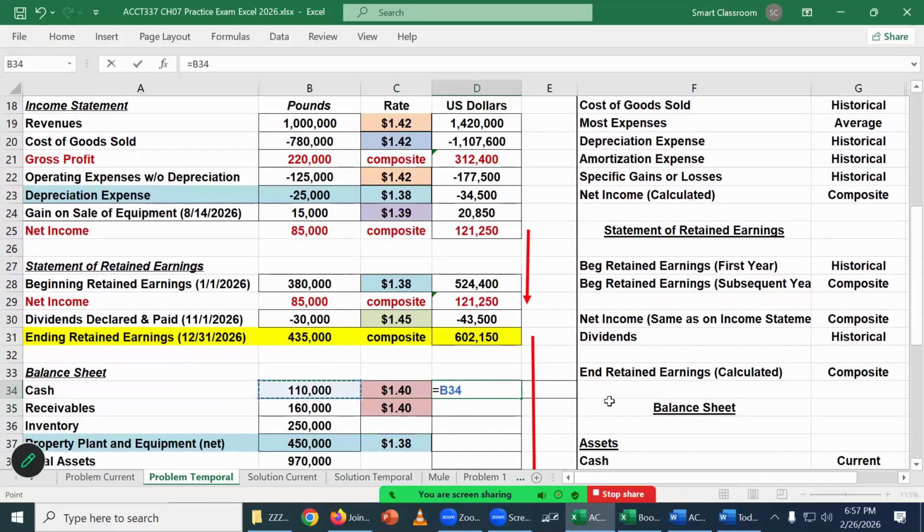And because those will be paid, those are the most accurate dollars for the estimate of US dollars for that time at the end of the year.